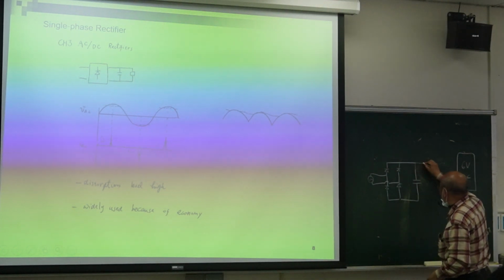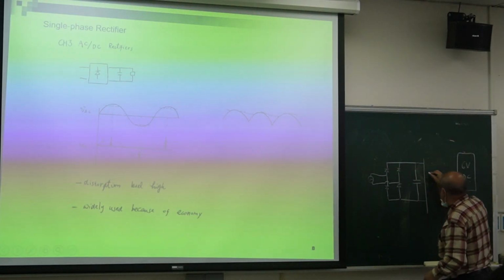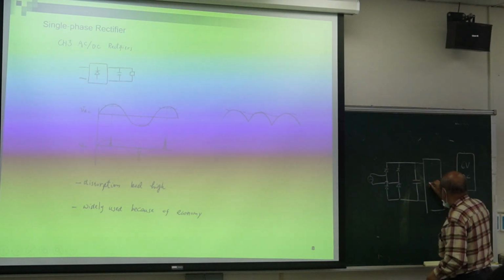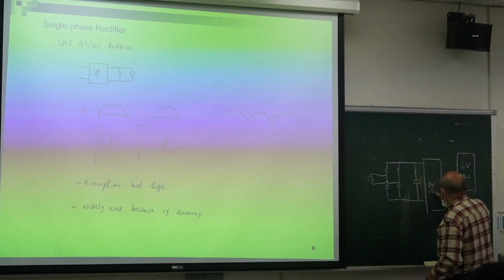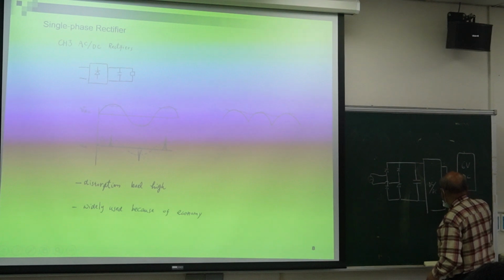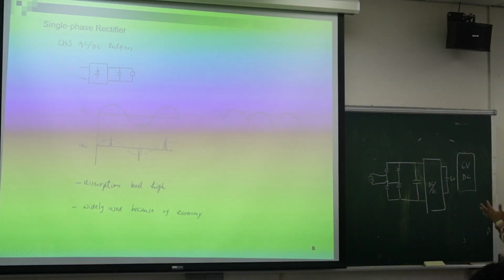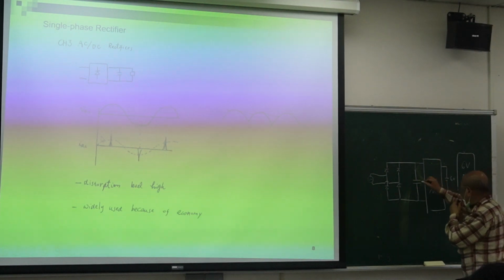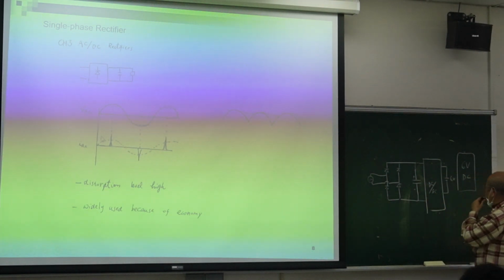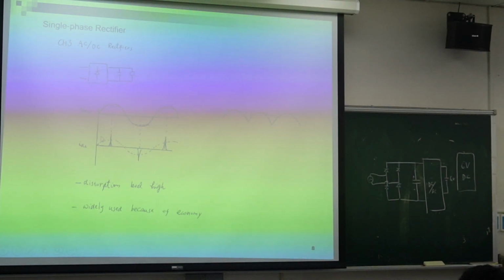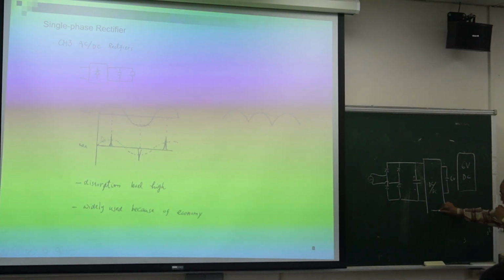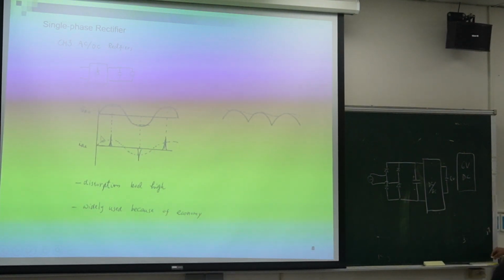And then we design a DC to DC buck. Then we can get 6 volt. So first we design a rectifier. Then we have a filter. And then we design a DC to DC converter. Then we convert to 6 volt.